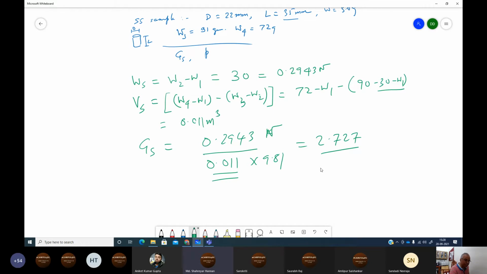See, this is meter cube, but this is in Newton. Sir, in our experiment, first experiment, we have calculated without multiplying the value of gravity. I'm taking mass. Say it again. Sir, in our experiment, we have calculated without multiplying the value of gravity. Yeah, you have never converted into meter cube.